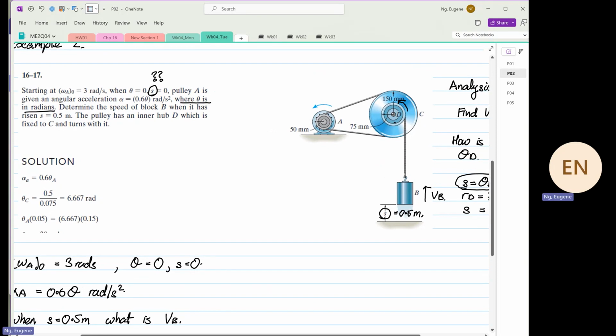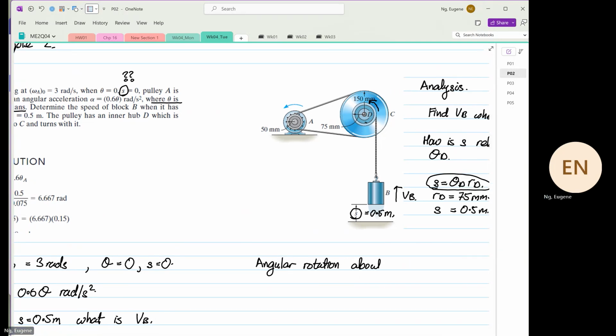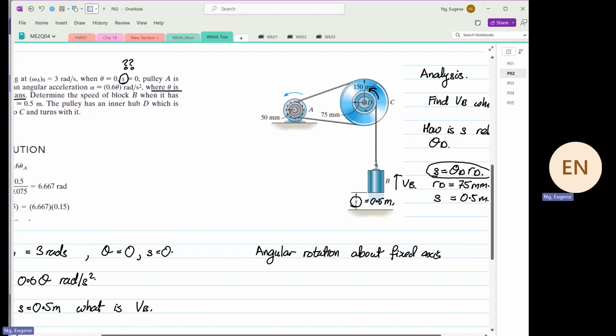Okay, so the formulas we know about angular rotation about a fixed axis. Okay, so what do we know?